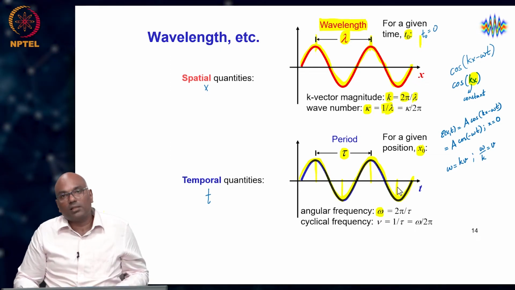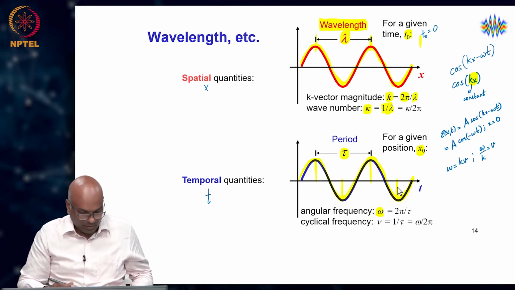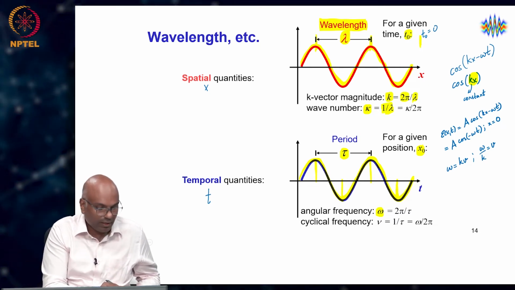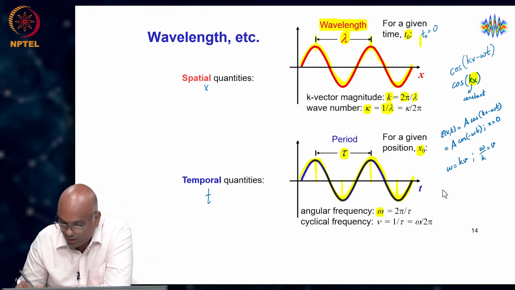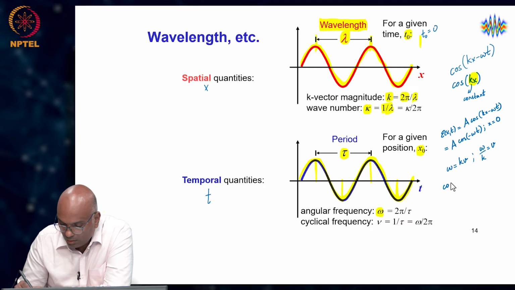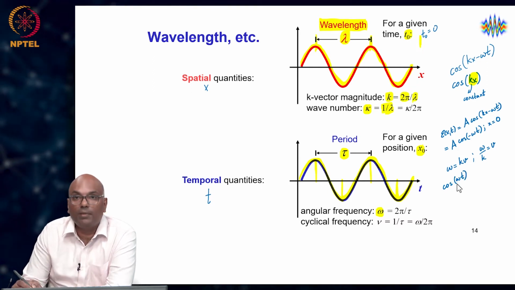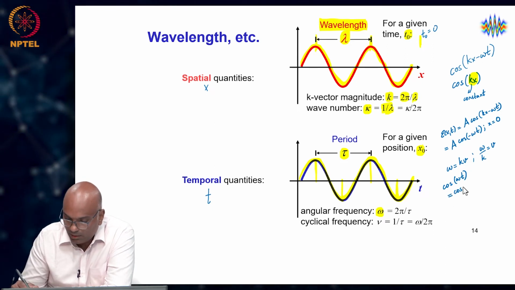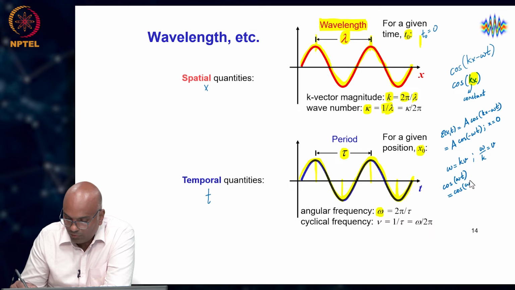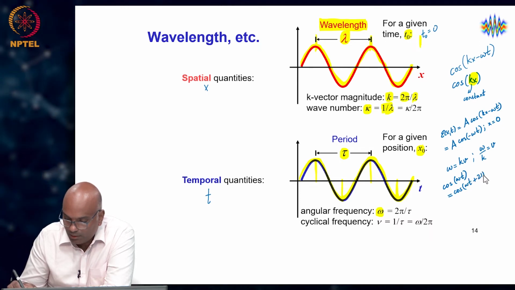So, just as in the spatial case, we then realize that the argument to cosine of omega t is essentially the same as cosine of omega t plus 2 pi.